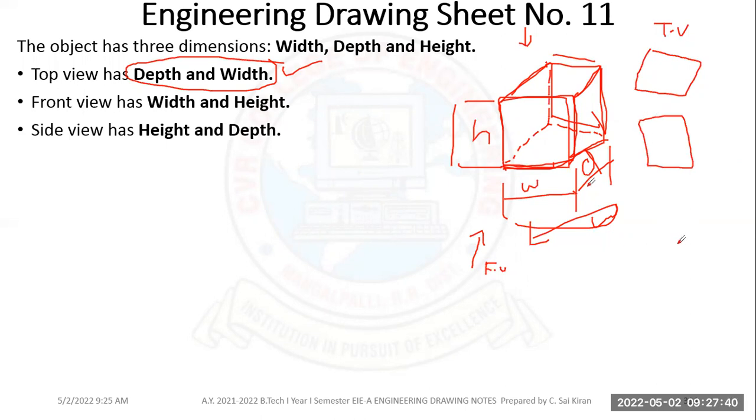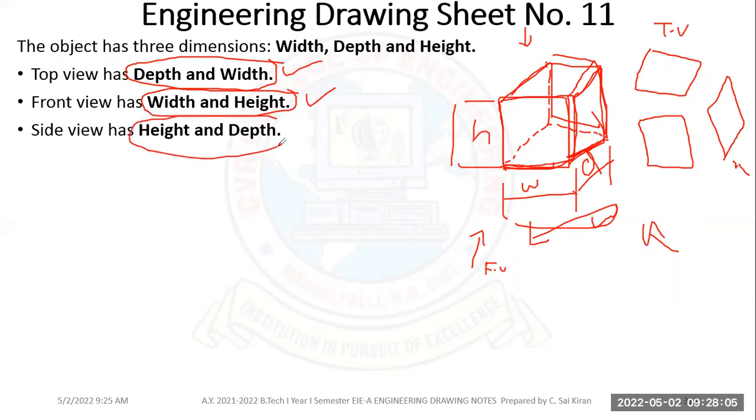And coming to the side view, in the side view I can see this is my depth. So in the front view we are seeing the width and height, and in the side view we are seeing the depth, height, depth, and height. So this is our side view.